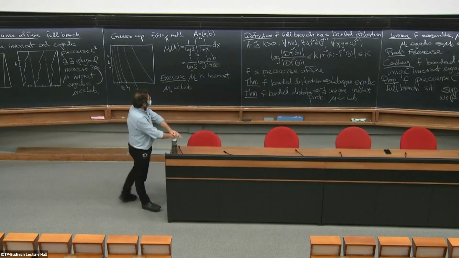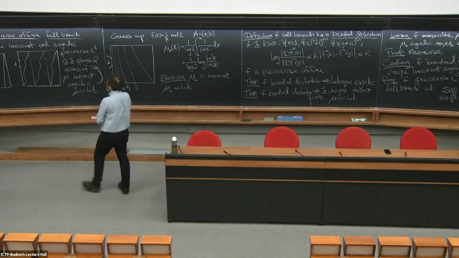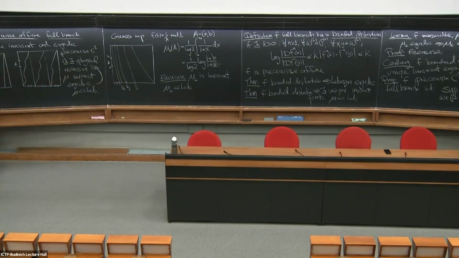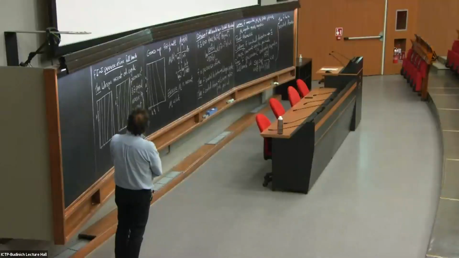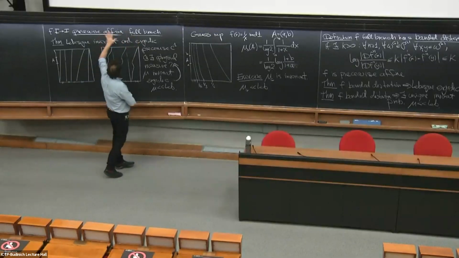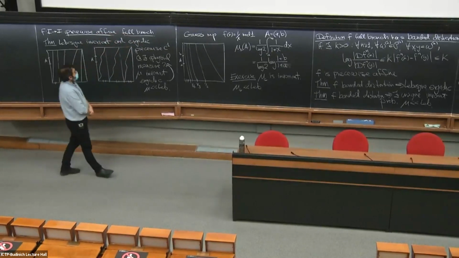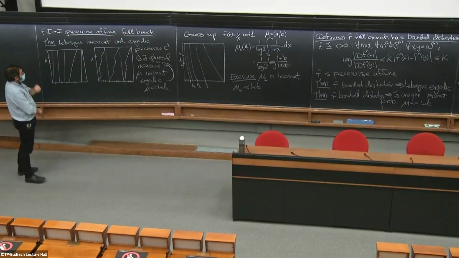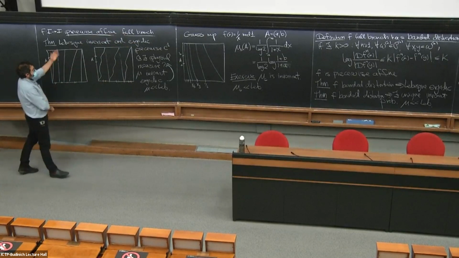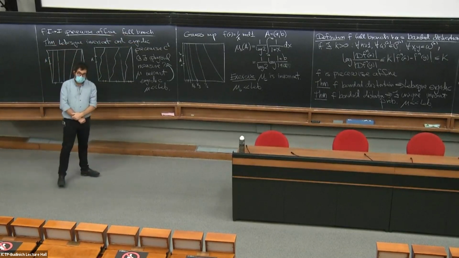Let me say that, as I said here, there are two properties of the maps that we are trying to generalize. The piecewise affine we can relax to the bounded distortion.